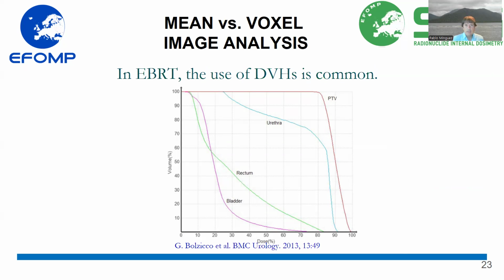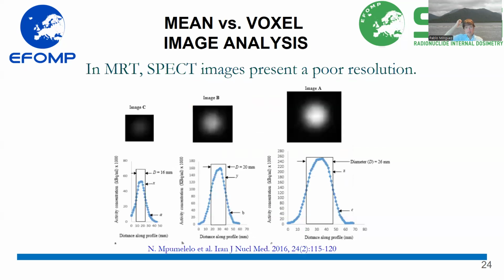So now I will go with mean versus voxel image analysis. In external beam radiotherapy, we know that the use of dose volume histograms is common, but that's not the case in molecular radiotherapy, because in the case of smaller volumes, we are going to have quite a bad recovery of the activity and quite a large partial volume effect.